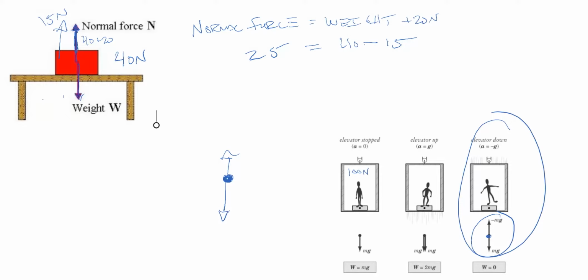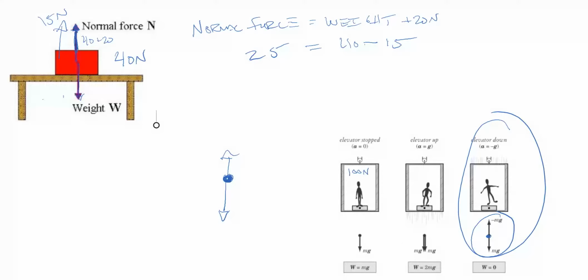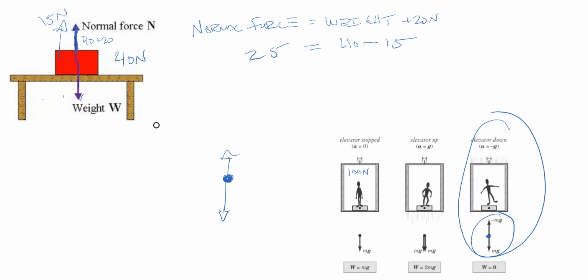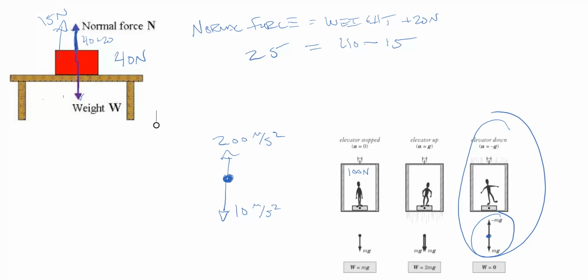So whatever your upward acceleration is, plus your force downward, is going to be the total scale reading. So let's say you're accelerating up at 2.0 meters per second squared, and gravity's pulling down at 10 meters per second squared. So force is equal to mass times acceleration.